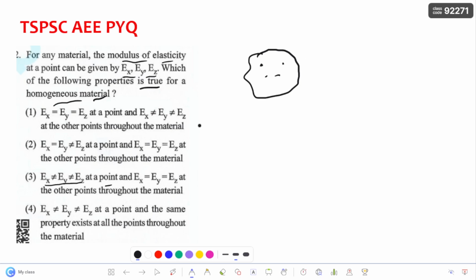If you observe the options here, coming to the fourth option, Ex not equal to Ey not equal to Ez at a point. Okay, at a point this property is there, and the same property exists at all the points throughout the material. This should suit the homogeneous case. That means at a point some properties are there, it may be something like X, Y, Z, but this should be the same at all points. So you can say that the fourth option is the right answer.